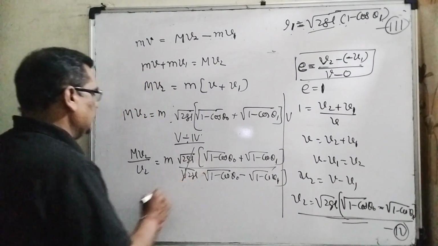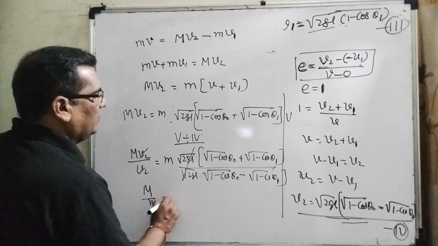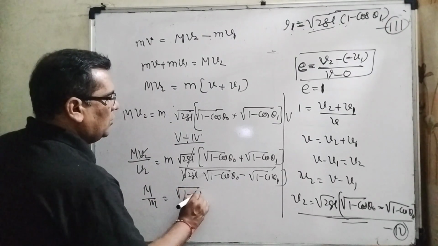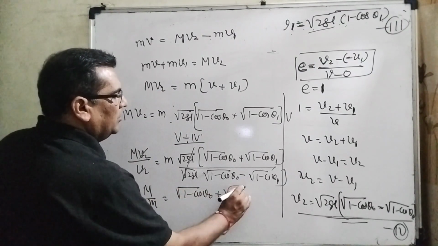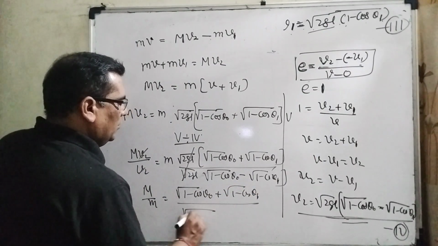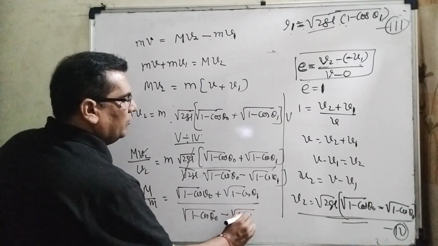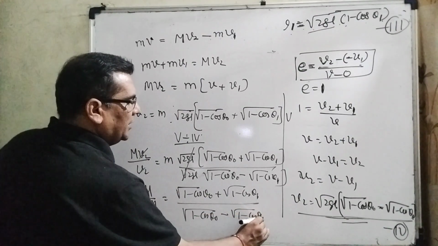So 2gL cancels out, v2 cancels out, and then capital M by small m equals root of 1 minus cos theta naught plus root of 1 minus cos theta 1, upon root of 1 minus cos theta naught minus root of 1 minus cos theta 1.